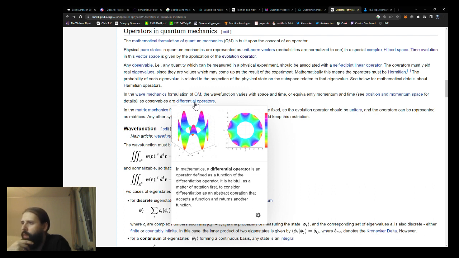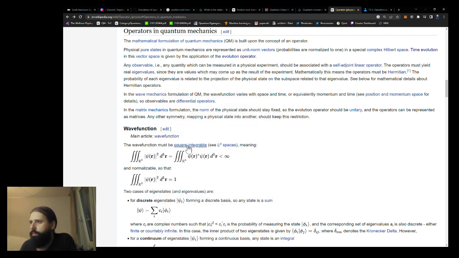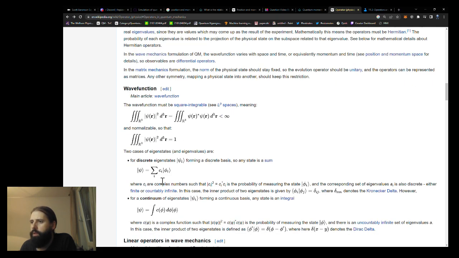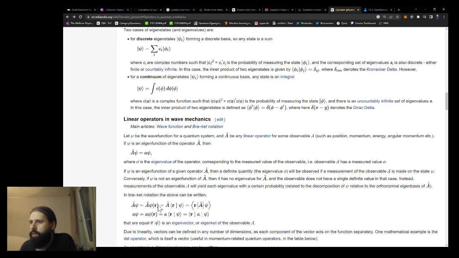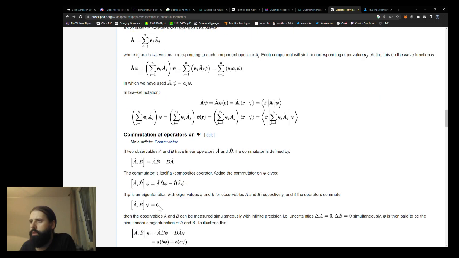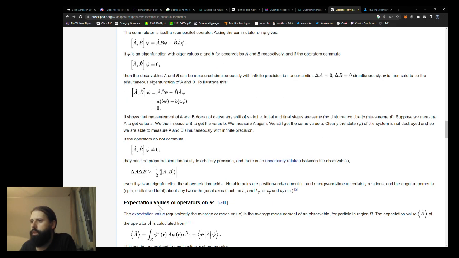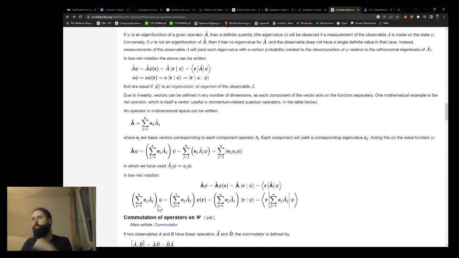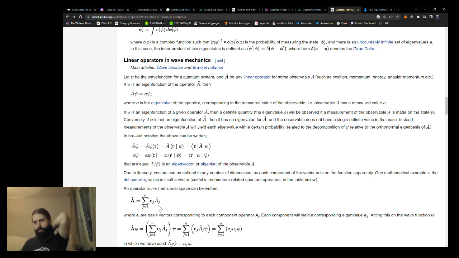It is helpful as a matter of notation first to consider differentiation as an abstract operation that accepts a function and returns another function. With mechanics, commutators, yeah, essentially.